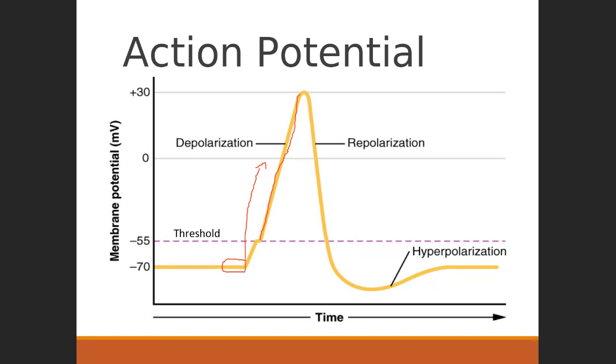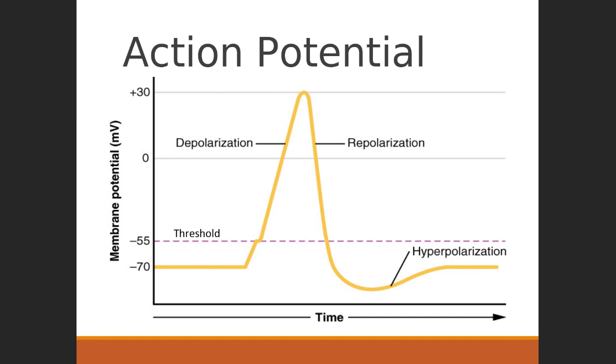It has a sharp repolarization portion. Repolarization means it's going from 0 down towards -70 again. It will have a hyperpolarization period, and then it will resettle back out. We will see that same pattern with the same degree of amplitude every single time we get one.